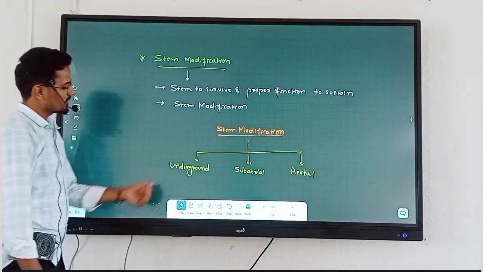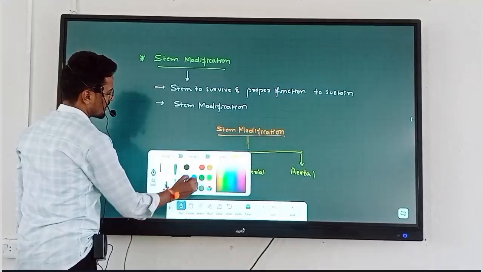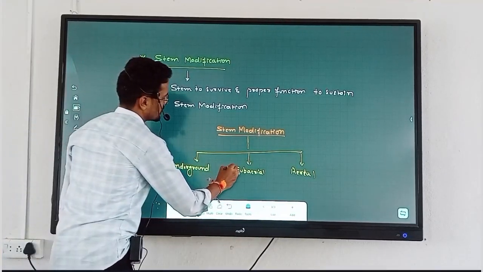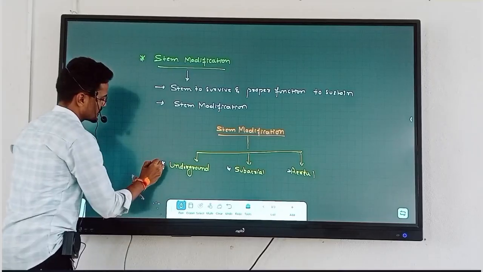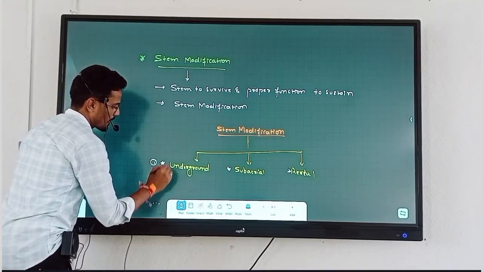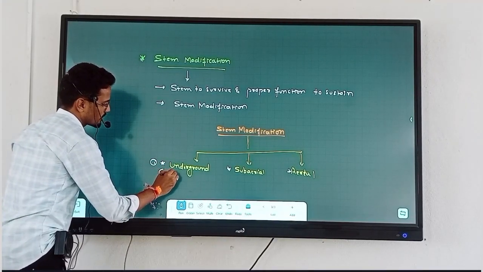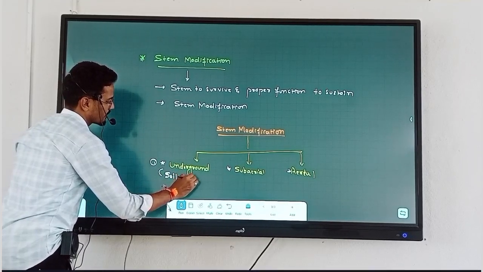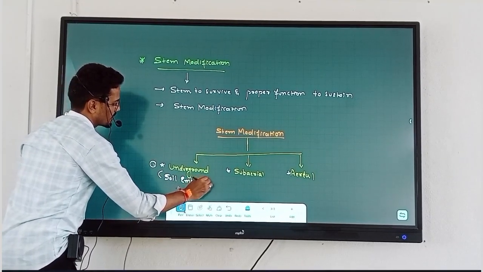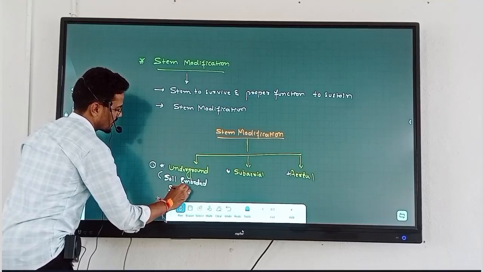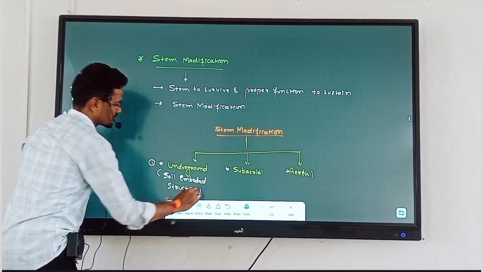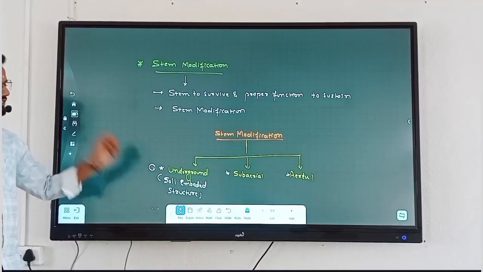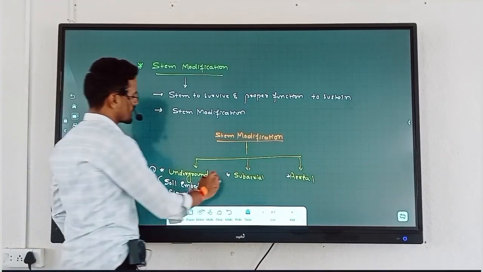As the names indicate, the first one, underground, grows inside the soil. These are soil-embedded structures found in underground stem modification. Next is subaerial.